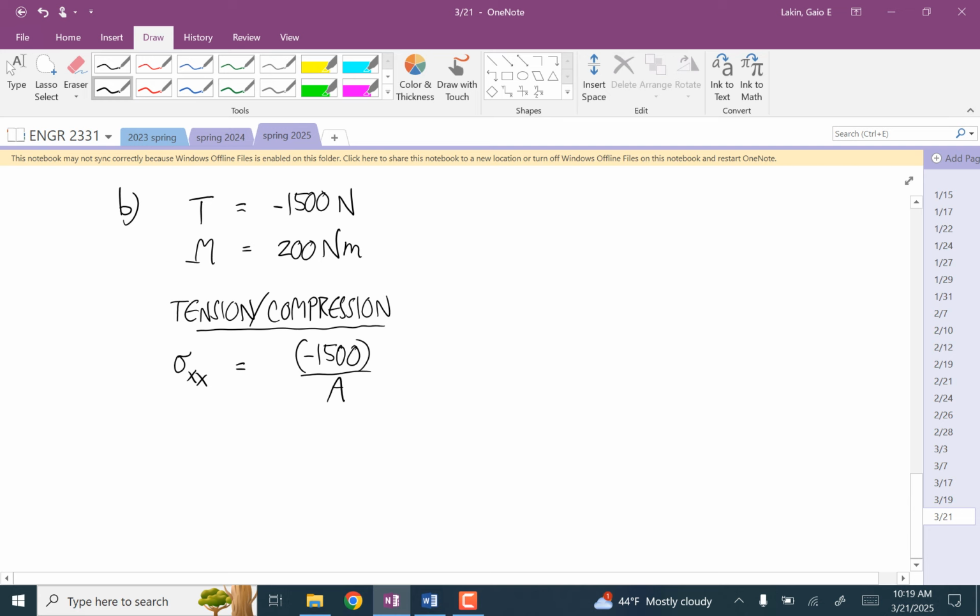The area is the same as it was last time, the area of the cross section. So that's negative 0.15 megapascals. And so the stress tensor due to internal tension compression is negative 0.15, zeros everywhere else.